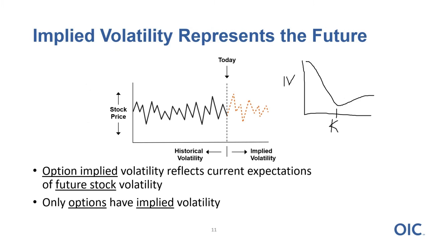But for each individual underlying, it certainly doesn't have to look that way. You can have other underlyings that have skews that are more symmetrical between the upside and the downside. You can have other underlyings that have inverted skews and may have higher volatility levels for calls than puts.